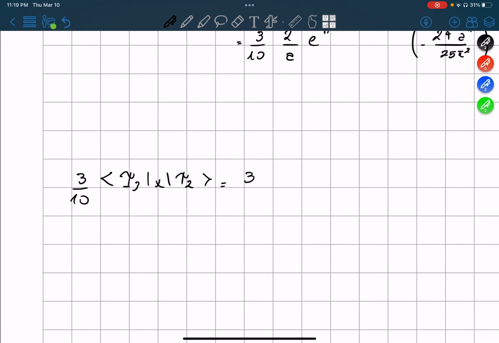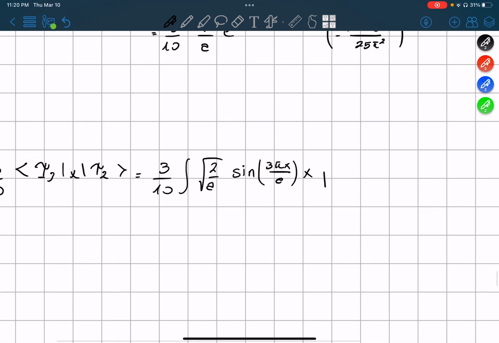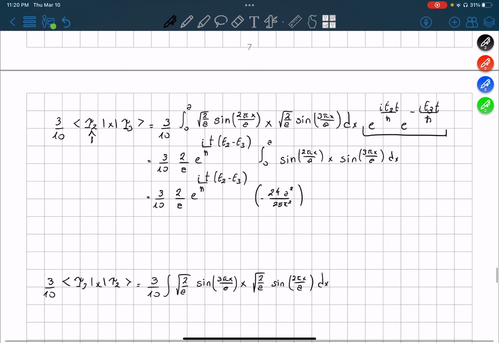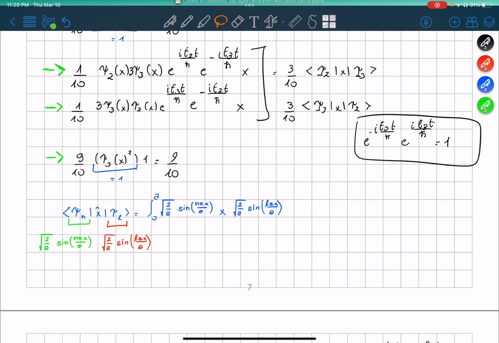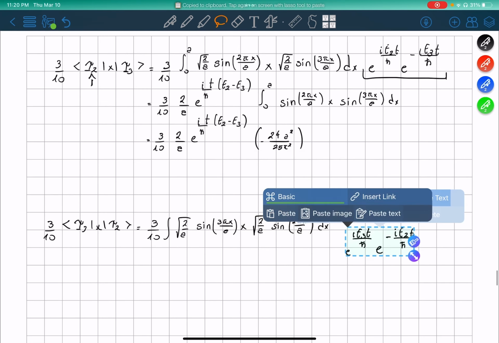So it's going to be equals to 3 over 10, the integral of, well, again, square root of 2 over a, sine of 3 pi x over a, x, and then square root of 2 over a, sine of 2 pi x over a dx. And again, the time part, I'm going to copy and paste over here.